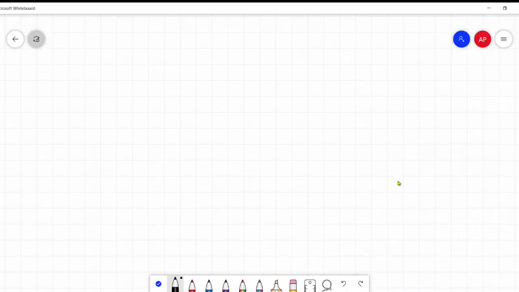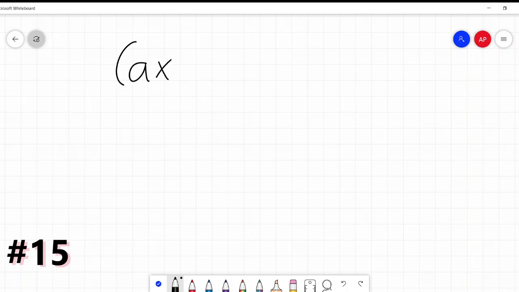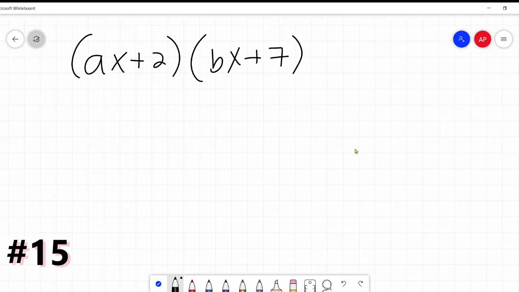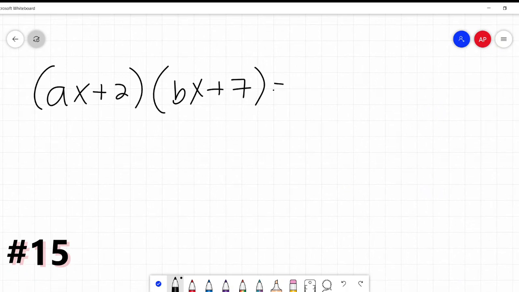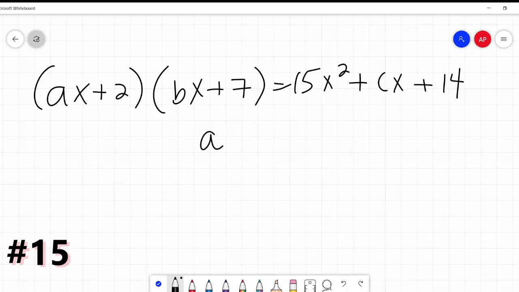Clear that canvas. All right, number 15. We have ax plus 2 times bx plus 7. Okay, and we're told that this equals 15x squared plus cx plus 14 for all values of x, and that a plus b equals 8.